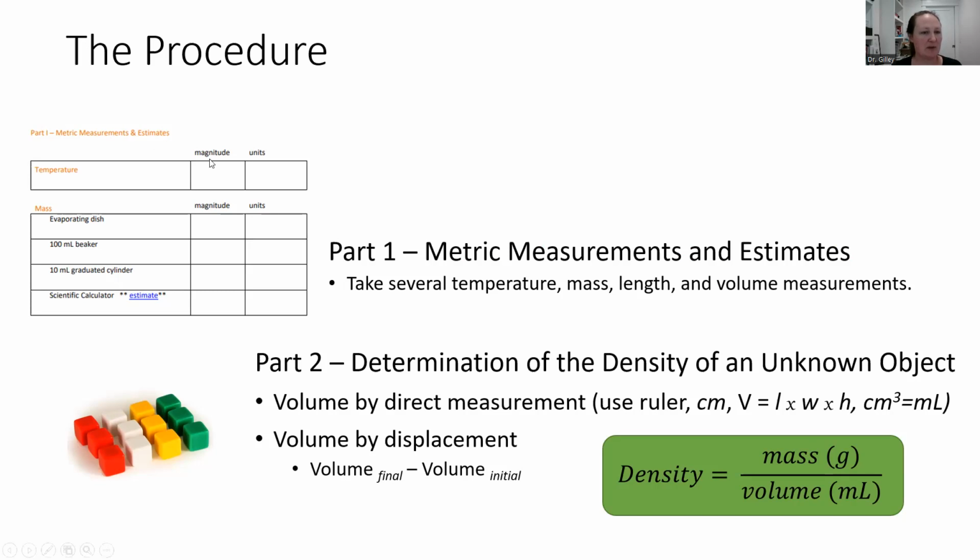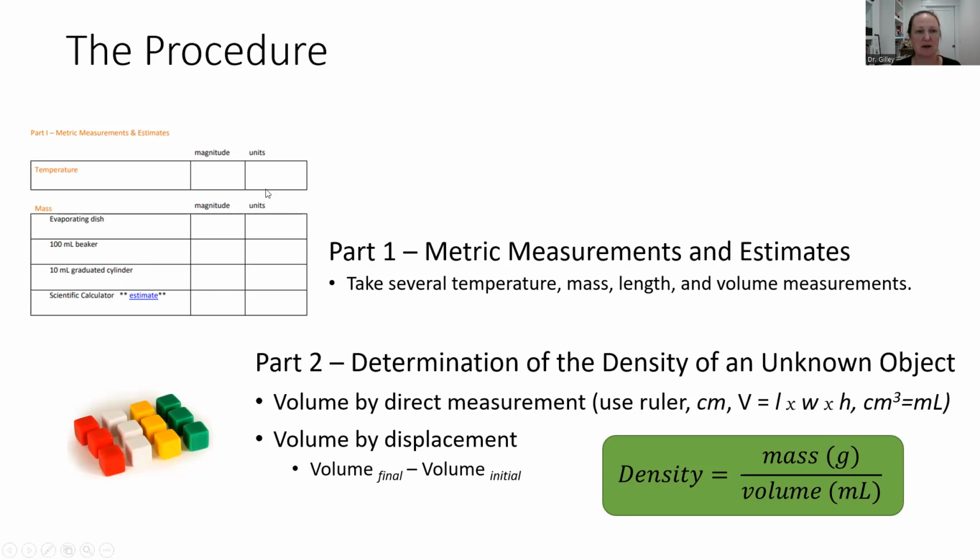I just want to point out that when it says magnitude, just go ahead and write the number, right? The value of the measurement, again, to the right number of significant figures. And then you don't need to write plus or minus, right? So you might just write 14.45, and then over here in units, you would write grams, for example, because I'm thinking about mass.